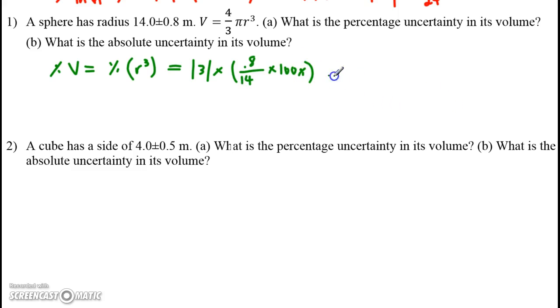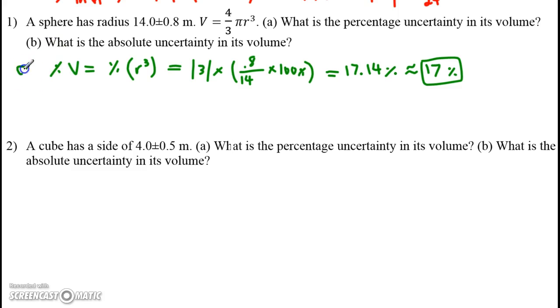That's a percent sign. So you plug this into the calculator, and you get 17.14. And when you report the answer, round it to 17%, like that.